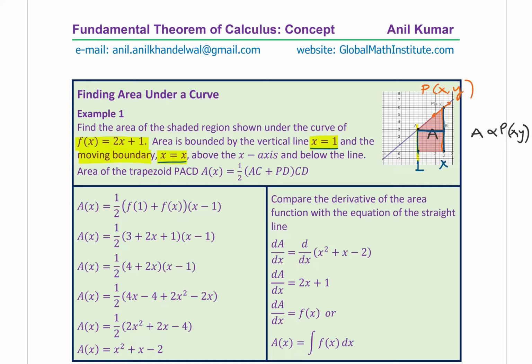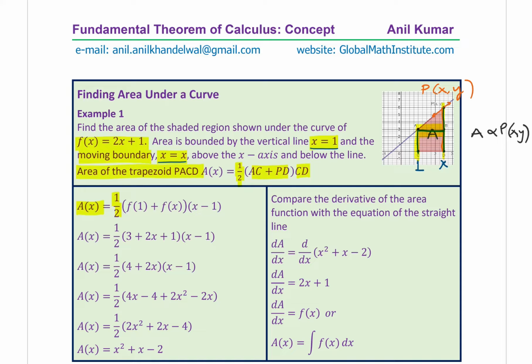Now what is the area of a trapezoid? The area of the trapezoid is half of the sum of the parallel sides' lengths. These are the two parallel sides, so we'll add them up, AC and PD, and multiply by the distance between them, which is CD. Now in this particular case, the area function A of x will be half of, now AC is this parallel side, right?